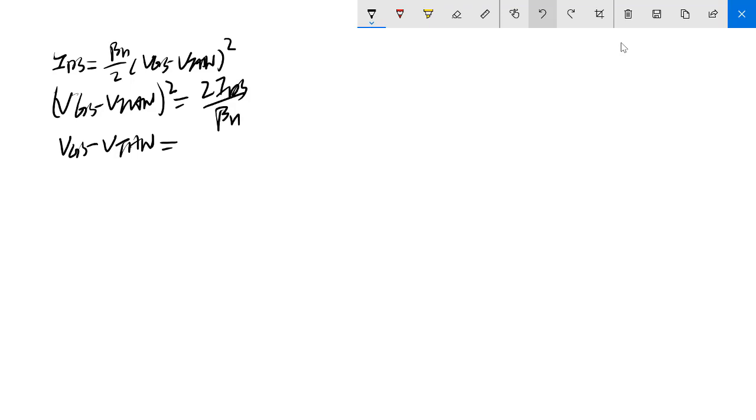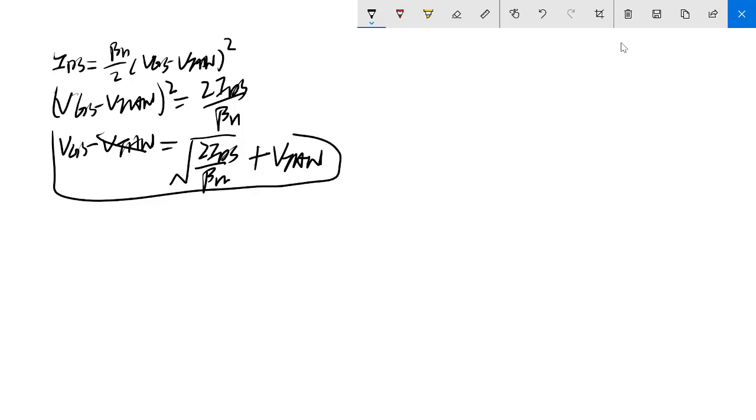I still need some time to train myself on writing on the pad, but I think this is good. If you move this over to the other side, you are getting this. If you know that, it's going to be pretty handy as well.